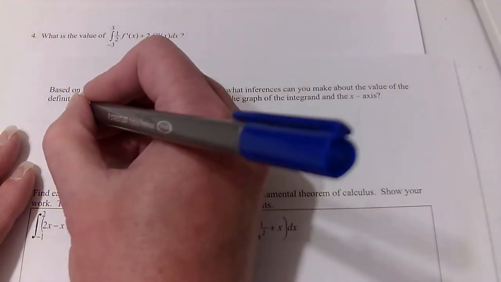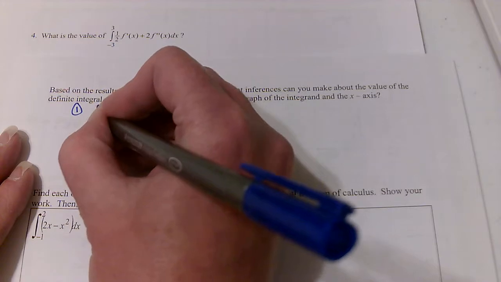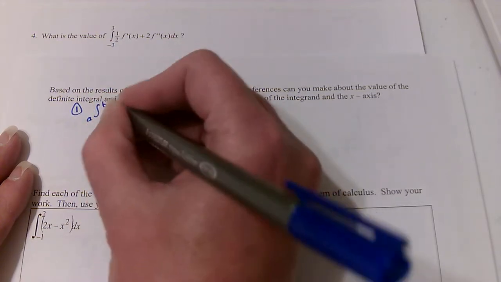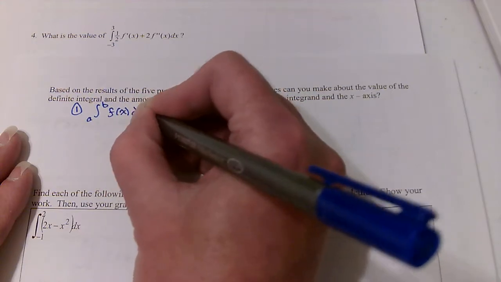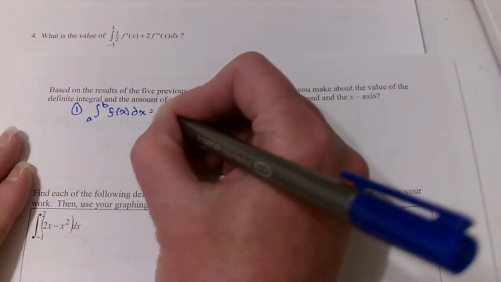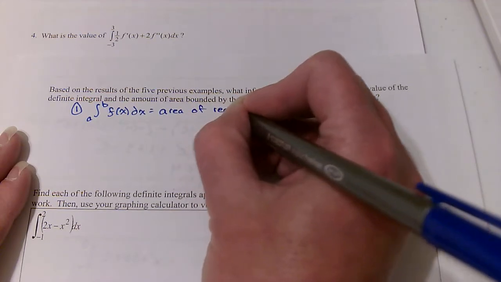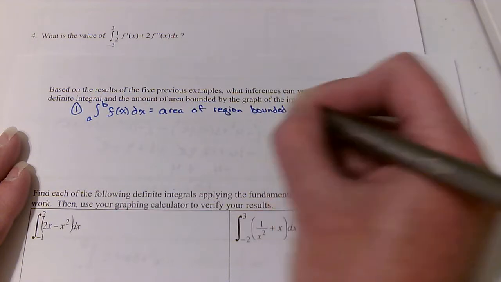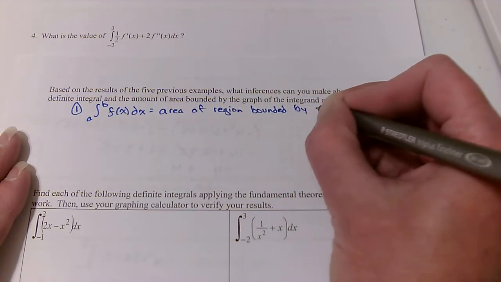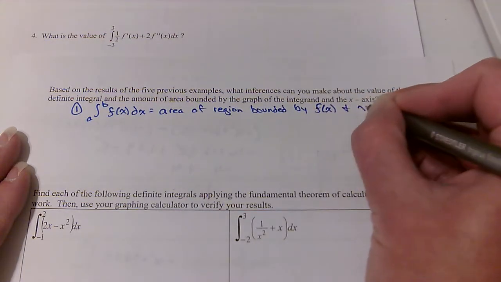So what happens is, the first thing, that definite integral finds the area of the region bounded by f of x and the x-axis.